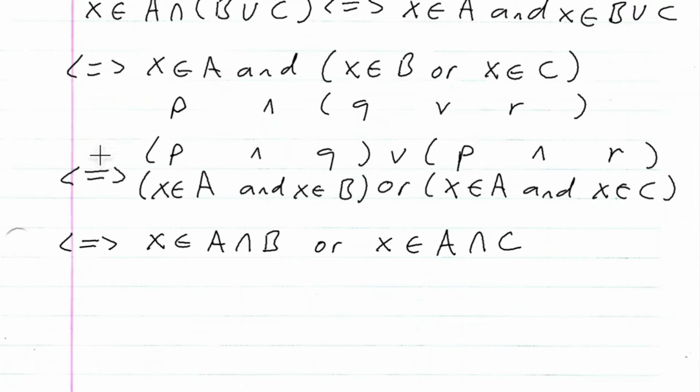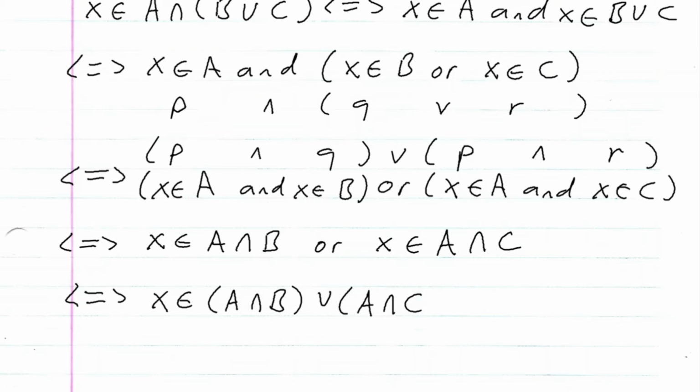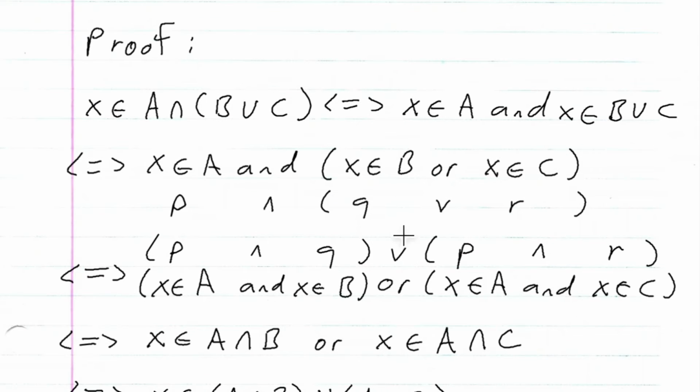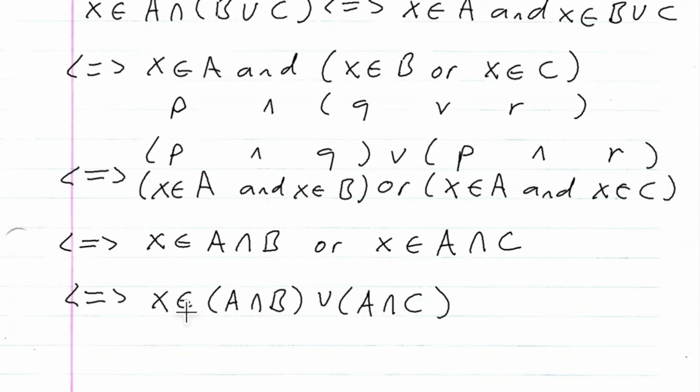And then, of course, this by definition implies, or if and only if, x is an element of (A intersection B) union (A intersection C). So we have x is an element of A intersection (B union C), and by using definitions and logical equivalences, we're able to get that x is an element of (A intersection B) union (A intersection C).